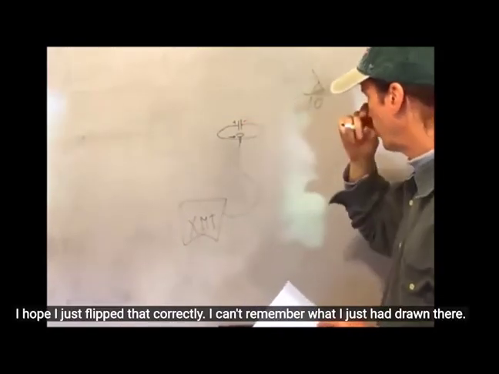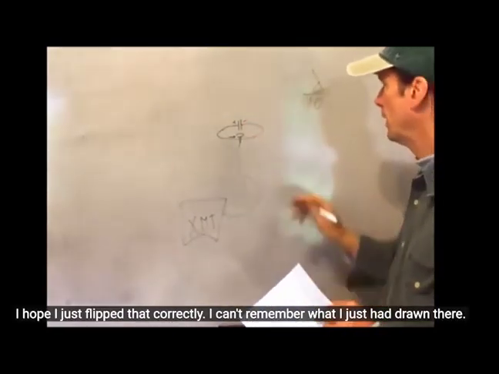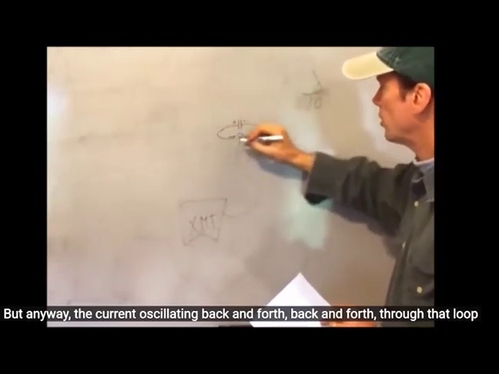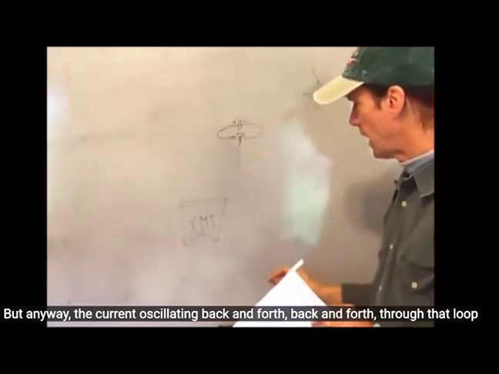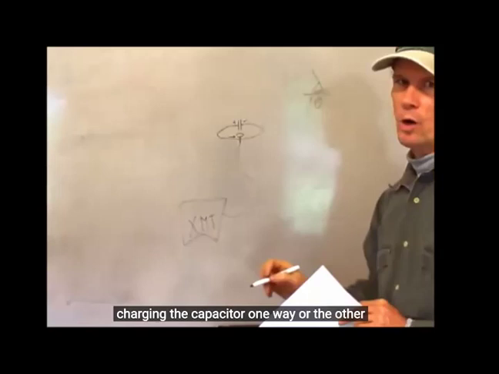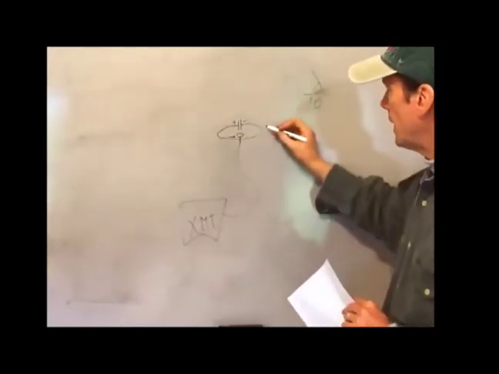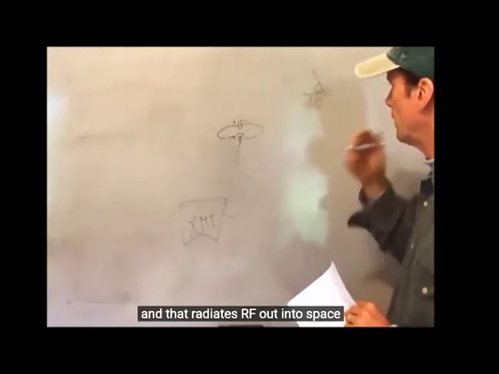Hope I just flipped that correctly. I can't remember what I just had drawn there. But anyway, the current's oscillating back and forth through that loop, charging the capacitor one way or the other. And that radiates RF out into space.